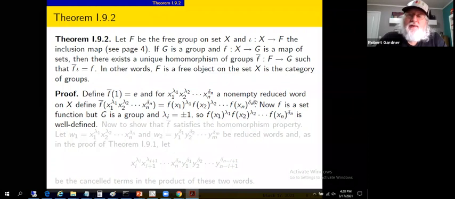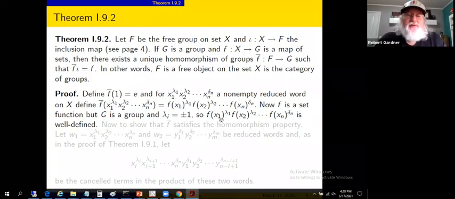There's a typo: both of these delta sub n should be lambda sub n. I'll get that fixed in the online notes. F is a set function, G is a group. As I commented, the negative exponents, ultimately the symbols we've written here are well defined because we're in the group.